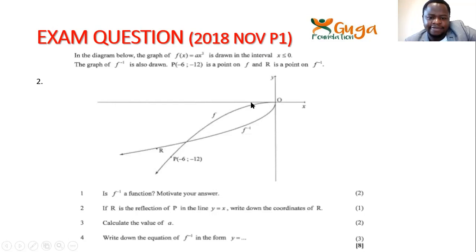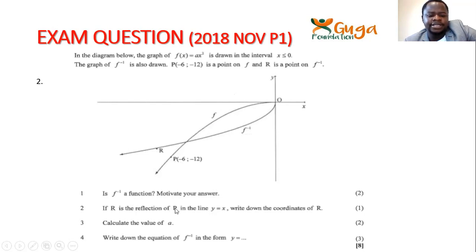Right here is the graph of f and then here is the graph of the inverse. Is f inverse a function? Motivate your answer. So f inverse, yes, it's a function. Then you have to motivate your answer because when you use the vertical line test, for every x value there is only one corresponding y value.